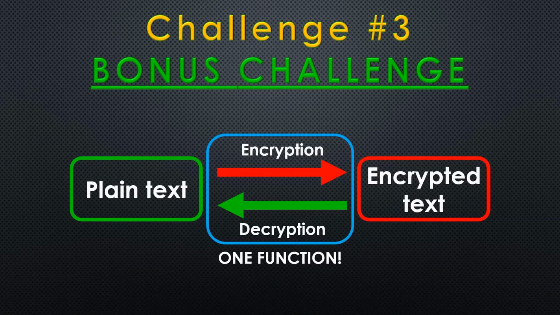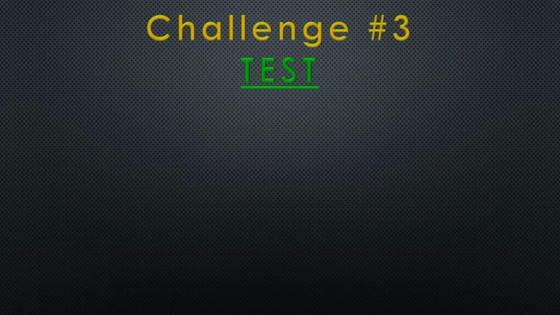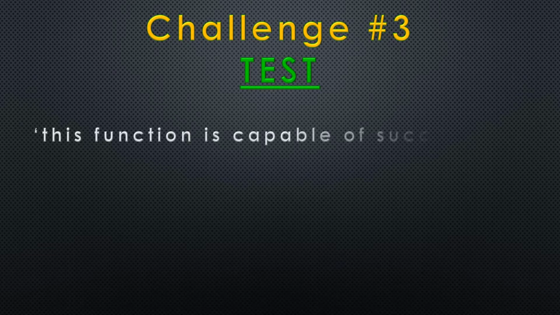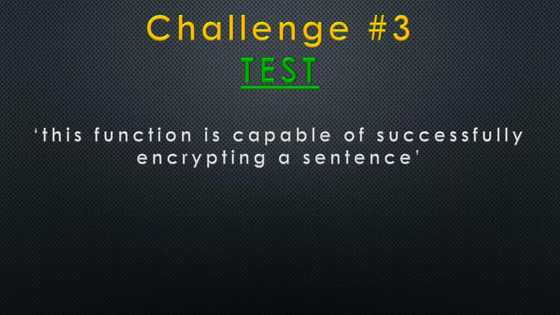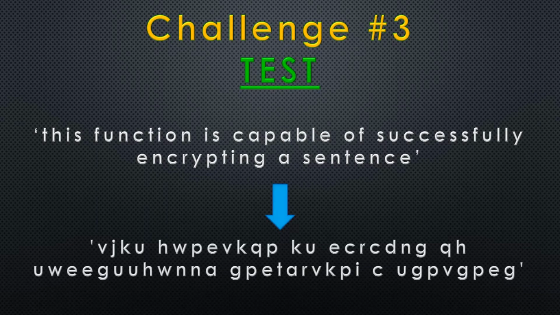As always, here is a test to see whether your function works correctly. Take the sentence, "This function is capable of successfully encrypting a sentence." If you've written your function correctly, the resulting encrypted message should read as follows.